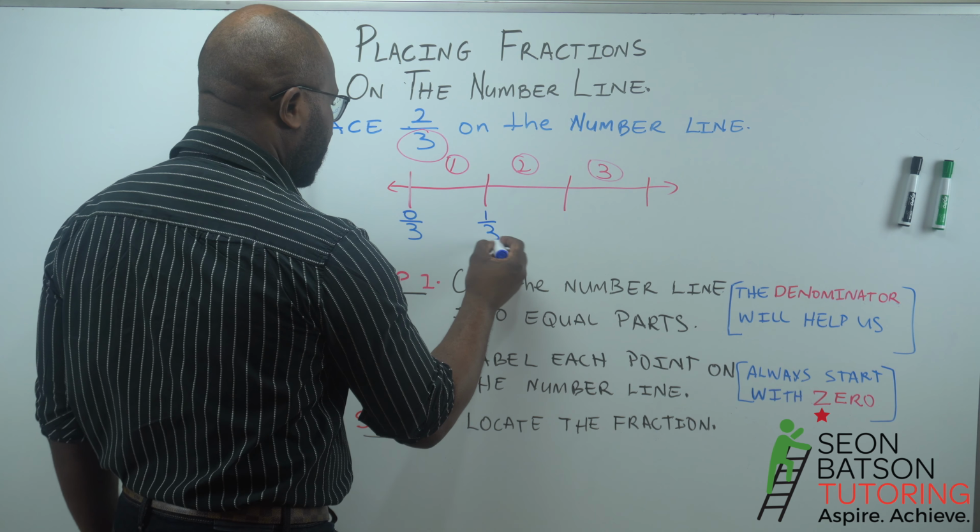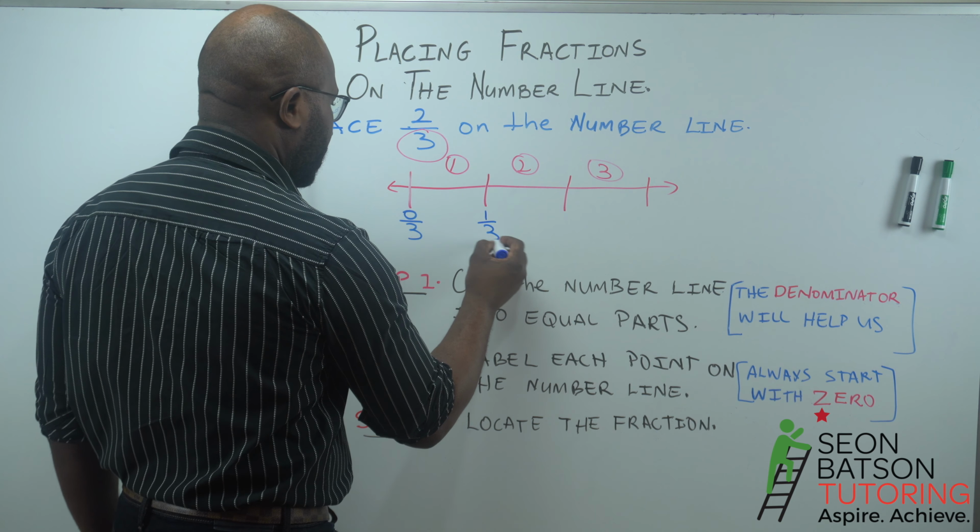Yes? Now, once we have done with that step, we will now label each point on the number line. Now, very important, when we are labeling our points, we will always begin with 0. Don't forget that. So the first point here, let's use a different color ink so you guys can see better. The first point here will be 0 out of 5. We use 5 here because the denominator in the fraction is 5. So we have 0 over 5, then what?